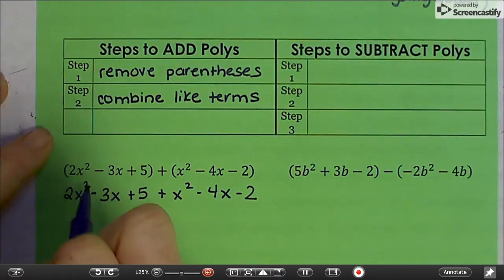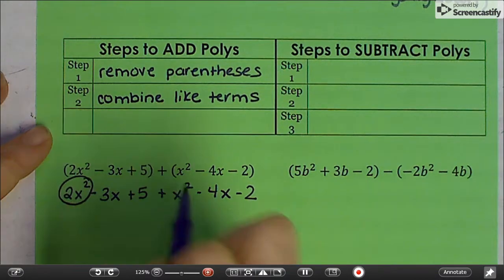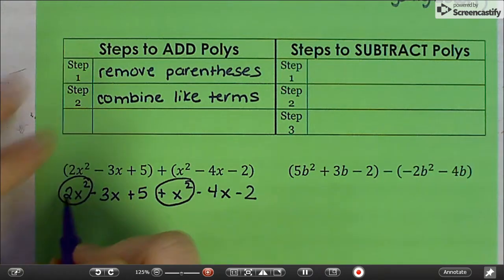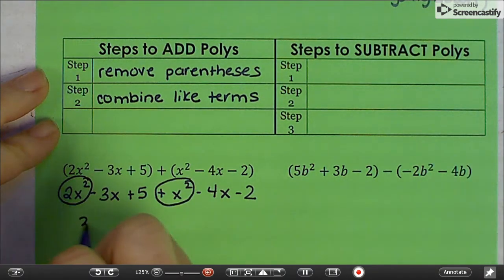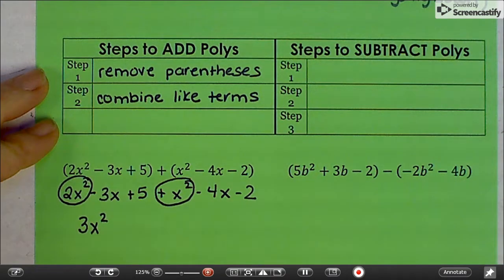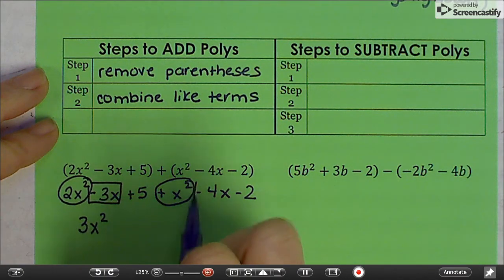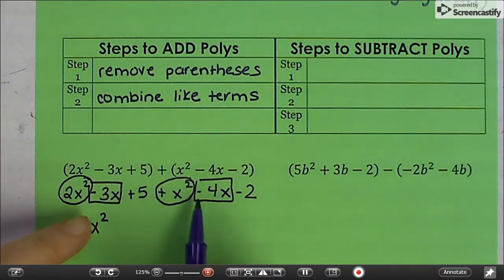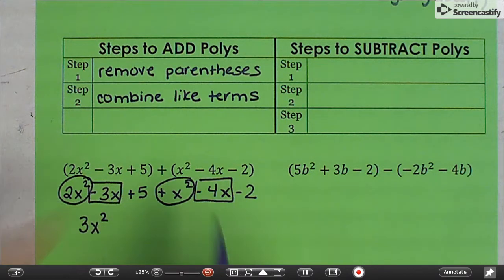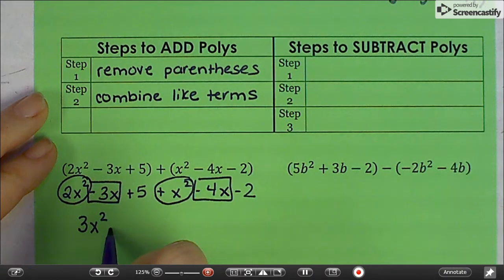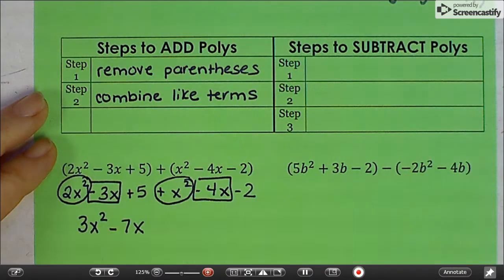So we have x squareds here and here. So we're going to add those together. We have 2 plus 1, 3x squareds. Then we have x's, just plain x's. It's important to get the sign in there. So if it had a plus, make sure you put the plus in the little box. All right, so negative 3 minus 4 is negative 7x.